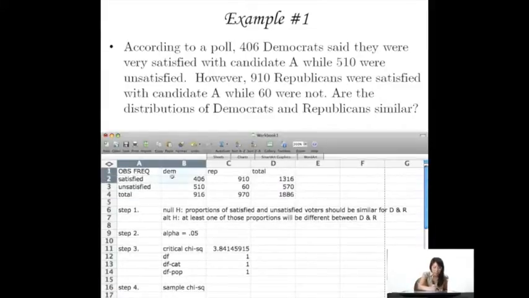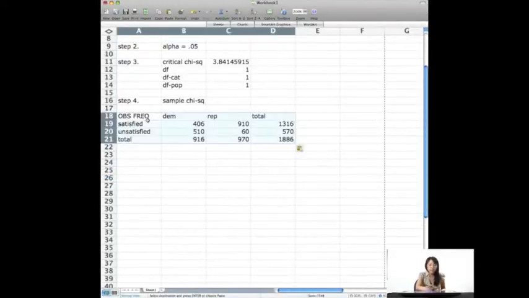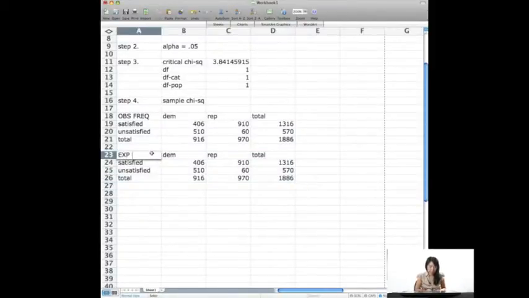So I'm just going to copy and paste this down here so we don't have to keep scrolling. I'll also bring this up. And so I'm going to write the table here for observed frequency, but I'm going to create the same table for expected frequency. Although now I have to delete all these.